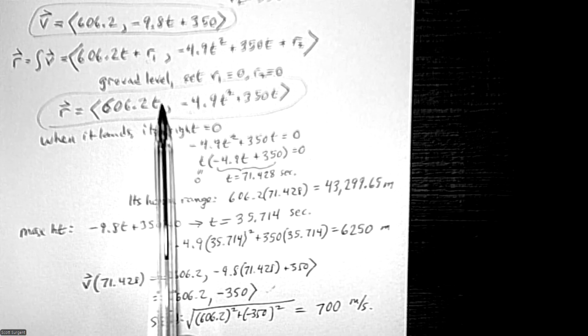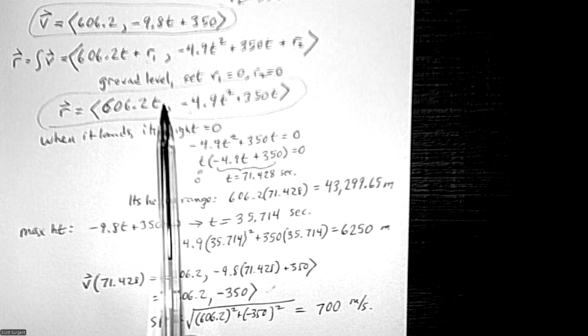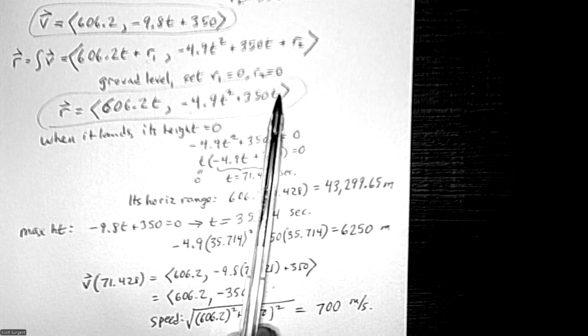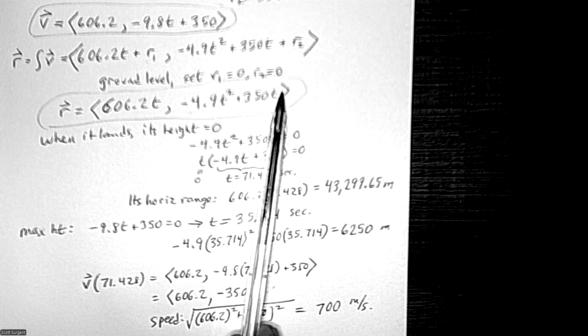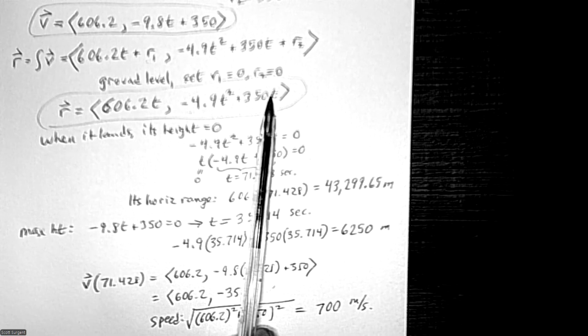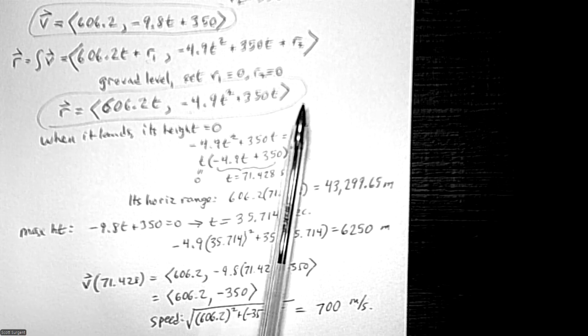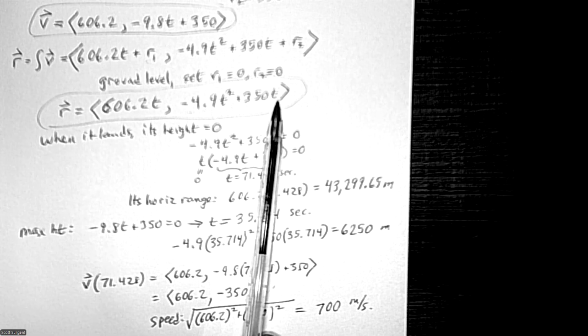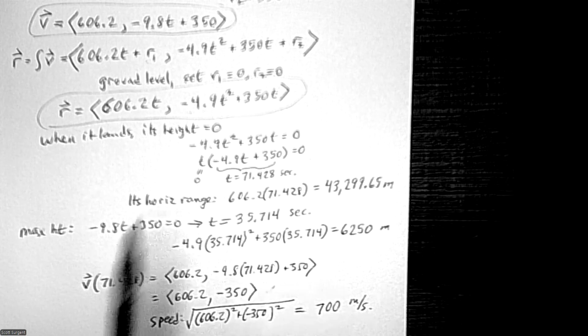You can always superimpose an XY axis system such that the object is released where the initial horizontal displacement is 0. So if we were to do the same thing thrown off of a 100-foot building, then it would just be negative 4.9 t squared plus 350 t plus 100. Then you just work it out as a normal quadratic. Unfortunately, you may have to use the quadratic formula to work out some of these quadratics. But yes, exactly. It just becomes a lot of arithmetic and algebra. Actually, a real lot of arithmetic.